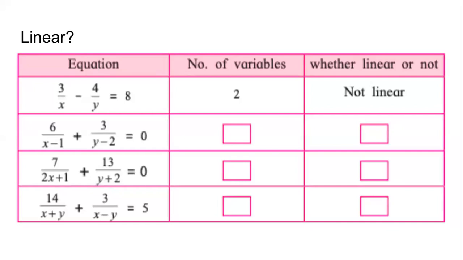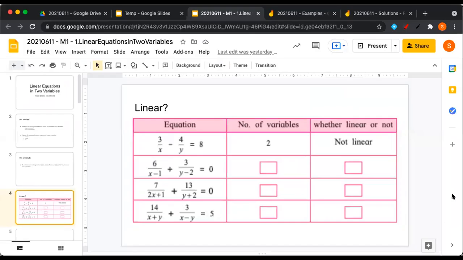I think it's very clear. The answer is very, very clear. Waiting for your answers.